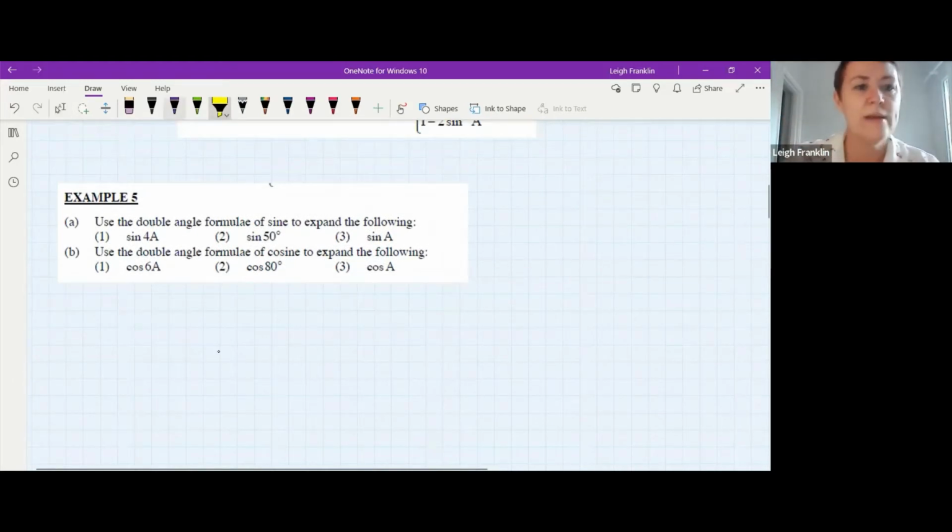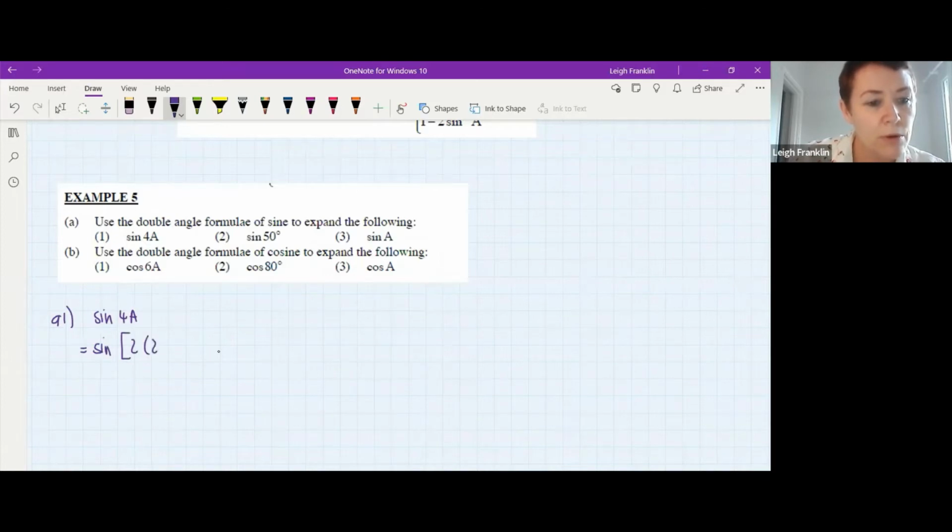All right, so in number 1, all they want us to do is expand. They've given us sine 4a, right? So 4 is double 2, isn't it? So that means that I can write this as the sine of double 2a.